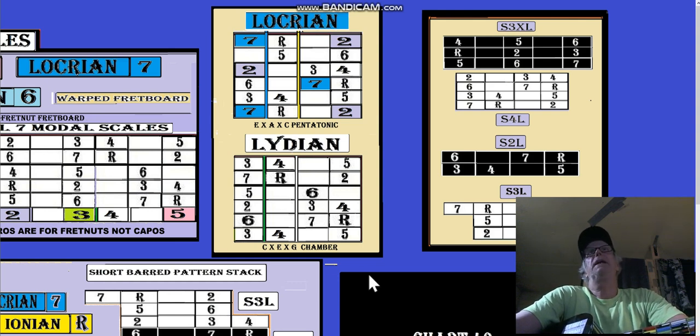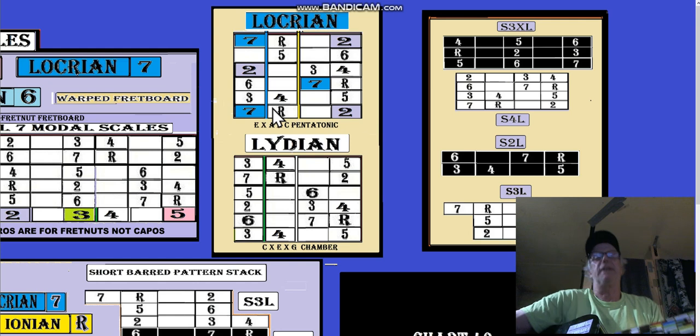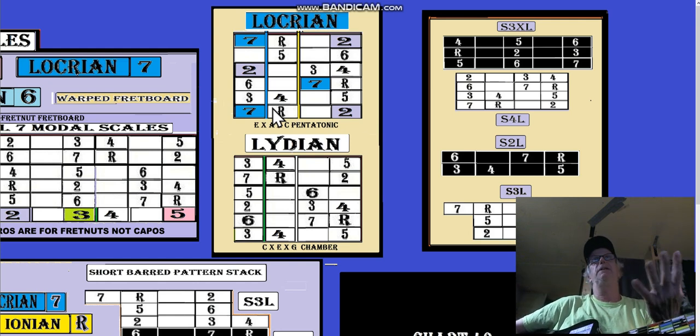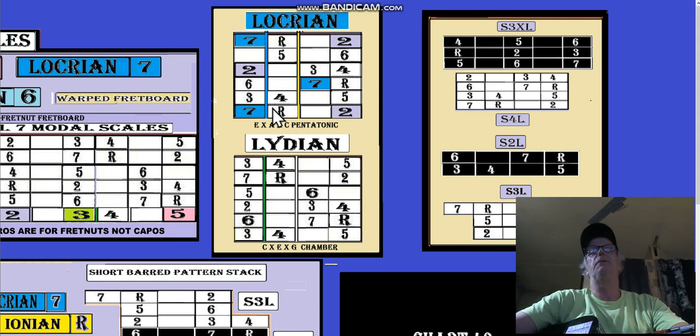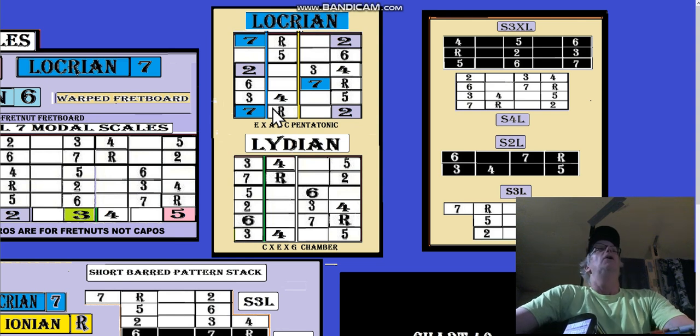But if you want the diatonic, modal scale of the Lydian and the Locrian, we've got CAGED already, right? C, A, G, E, D. But now we need B and F, and that will give us the full modal scales. One way to do it is to look at it this way.